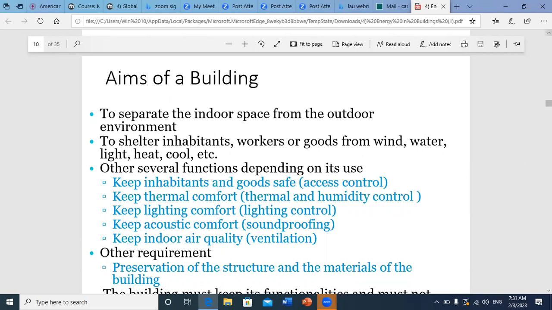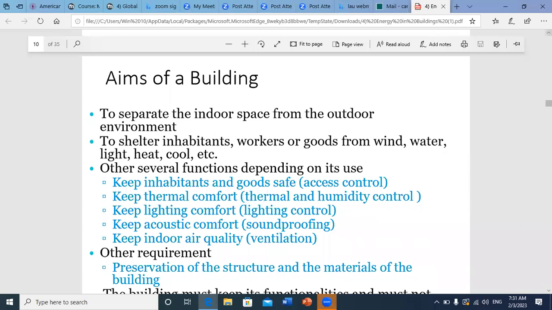So the ANSYS Fluent software will help us to simulate a certain space, to calculate the energy consumption required, let's say, for cooling or heating, or also what is the energy required to maintain a certain level of comfort and level of indoor air quality. So we will learn how to respect regulations on energy consumption and on good comfort and air quality.